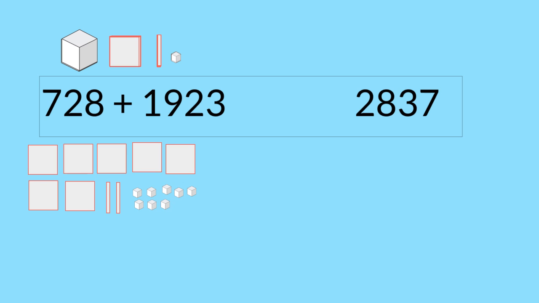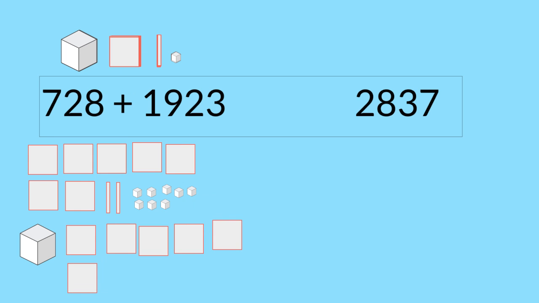And underneath, I'm going to do the 1,923. So it's 1,900. 1, 2, 3, 4, 5, 6, 7, 8, 9, 2 10 rods, 10, 20, and 3 ones. 1, 2, 3. Now that I have that, I'm able to solve my problem.